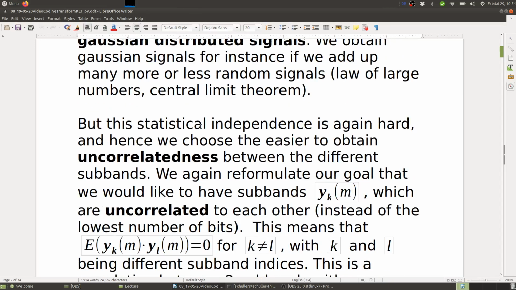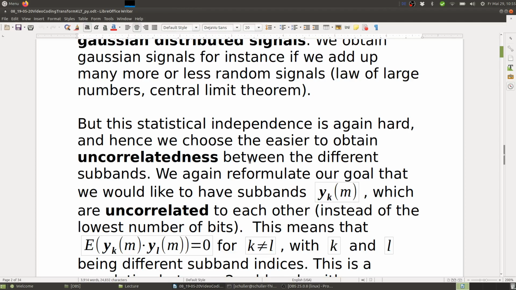So statistical independence is again hard, and hence we choose the easier to obtain uncorrelatedness between the different subbands. We know that the subbands are likely not really Gaussian distributed, but still uncorrelatedness is so much easier to compute than independence that again we simplify our problem.